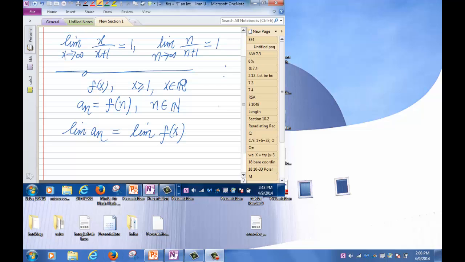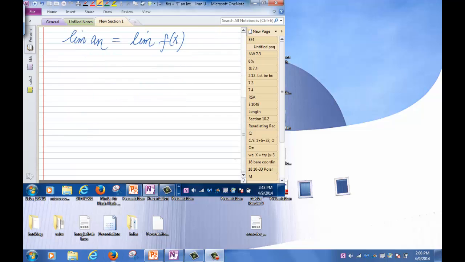Is everyone doing okay with that? So graphically, the graph of f of x is a curve, and then on that curve, if you look at the points corresponding to 1, 2, 3, 4, and so on, those points will be the graph of the sequence, right? Is everyone seeing what I'm saying?